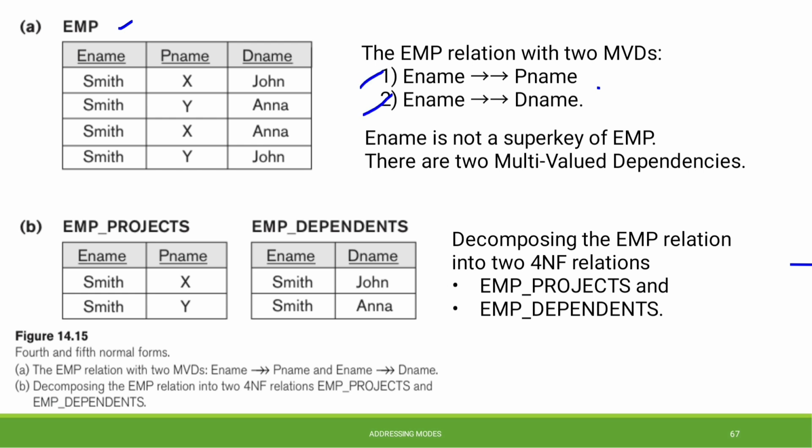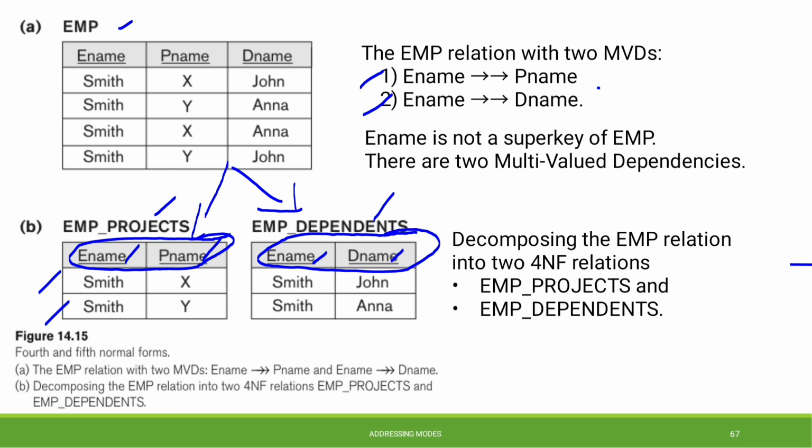To bring this relation to 4NF, it is divided into two relations. One is EMP_projects, another is EMP_dependents. In the first, ename and pname are both made the primary key, and together they identify any tuple. In the second, ename and dname together form the primary key, and their values together identify any tuple.